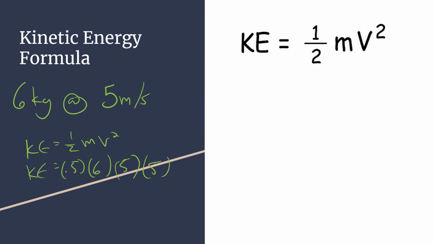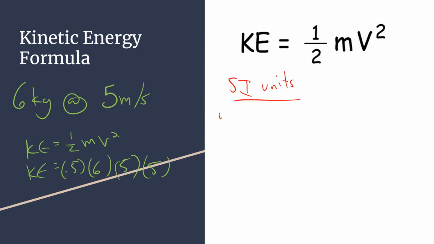Now, before I go further, I need to make something very clear here. You cannot solve this formula unless you're using what we call SI units. These are the standard units that you have to use when using these formulas. Otherwise, your calculation will be wrong.